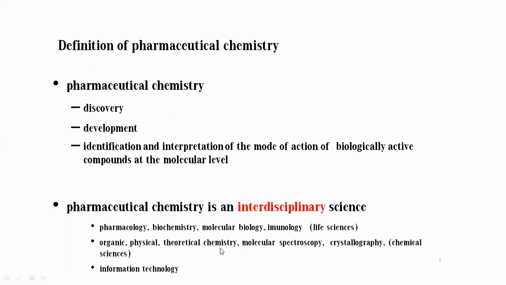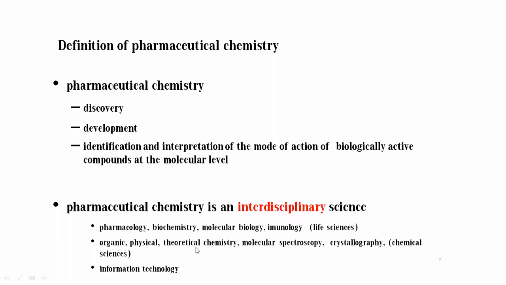The word theoretical chemistry belongs to how it is acting theoretically. Before any lead compound comes to the market, we study that lead compound thoroughly: the theoretical knowledge, then molecular spectroscopy, what type of structure the drug molecule has, and what type of crystal structure, whether it is amorphous or crystalline, whether it is water soluble or water insoluble, and some of the chemical properties associated with that molecule.